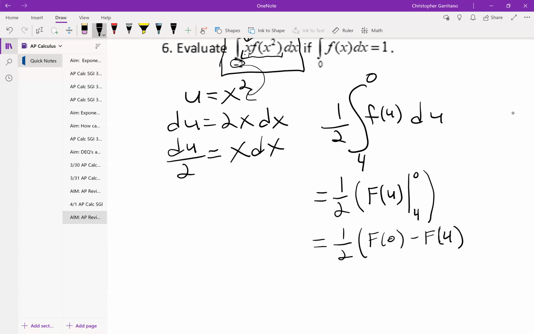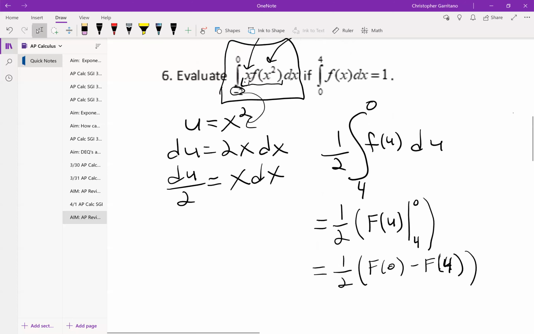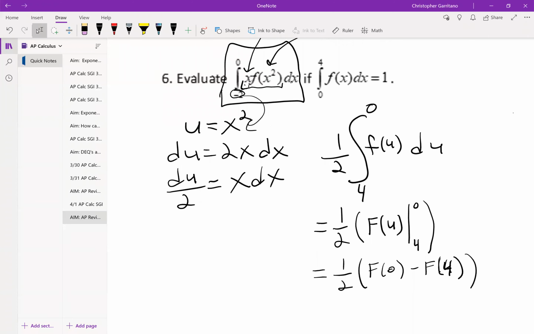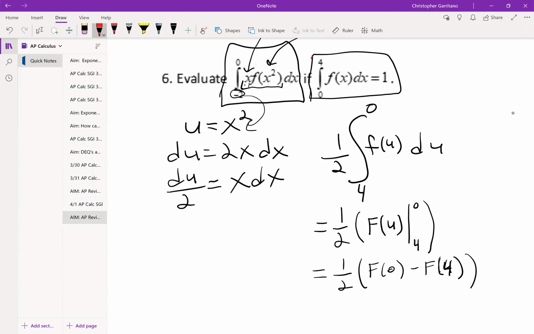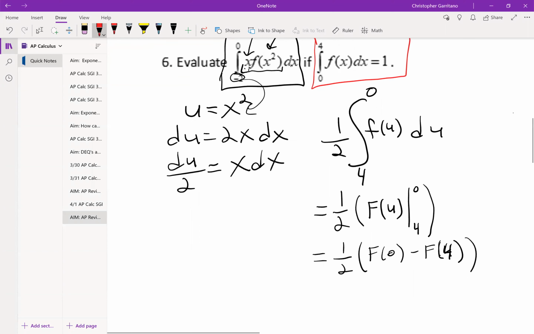Okay, you might be asking, well, where do you go from here? Well, let's look at the given information because we haven't used that yet. Let me change the color. So I'm going to take this expression over here, and we're going to analyze what that information actually is telling us.